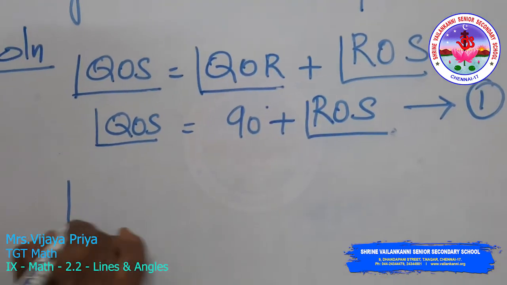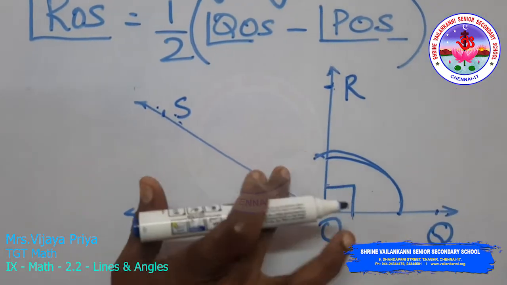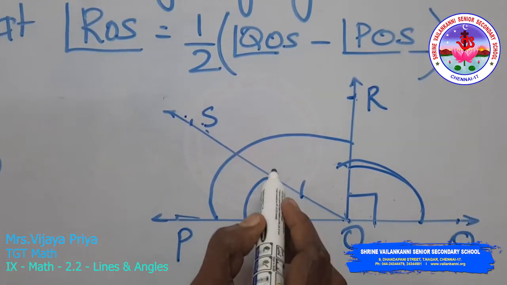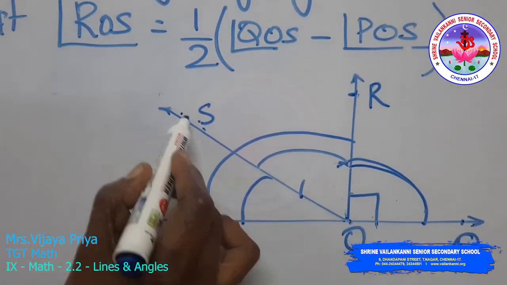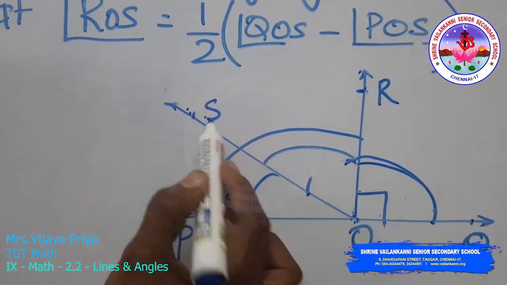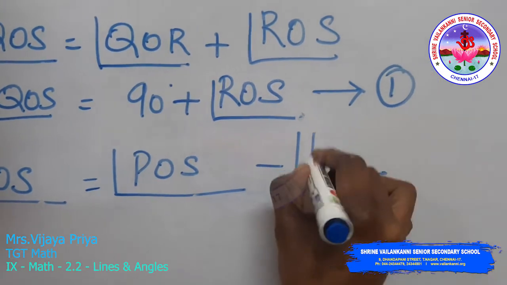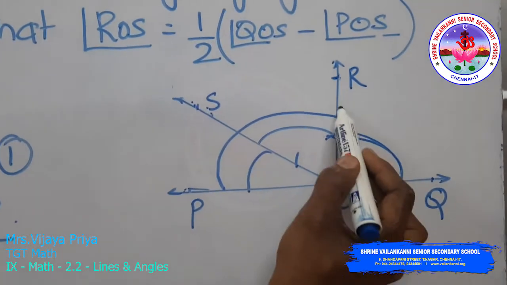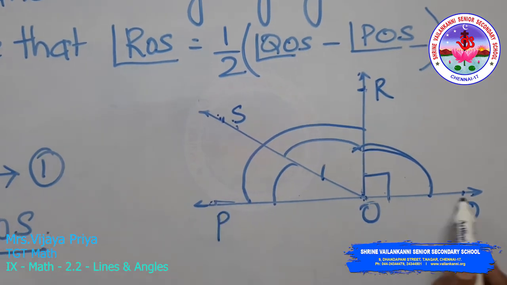Now I am going to select POS. From the figure, I can write angle POS as POR minus ROS. Here QOR is 90, and similarly POR is also 90, because the angle in a straight line is 180.